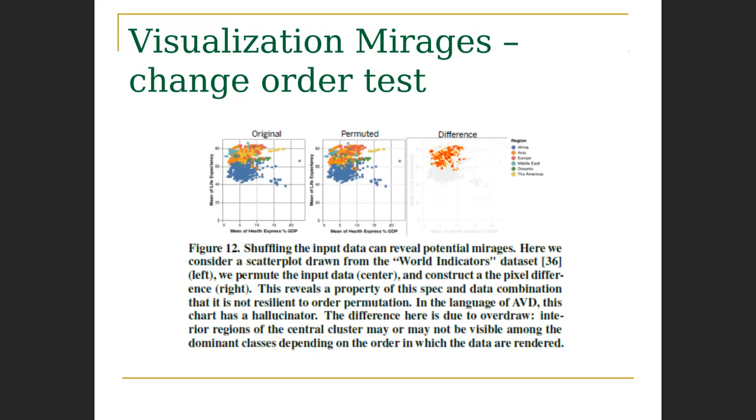Second solution, change the order of the data. So this one shows, let's see, the world indicator data set. Something like world health expense, percent GDP, and life expectancy. There's a lot of countries plotted on top of each other.